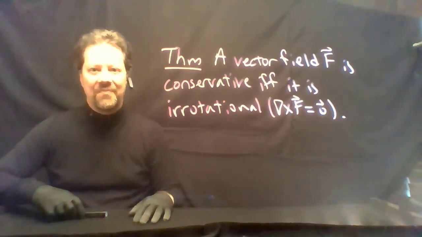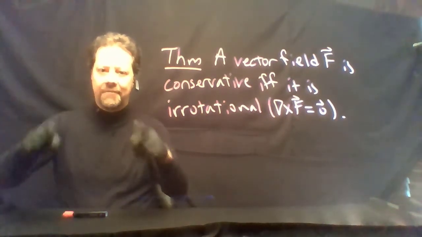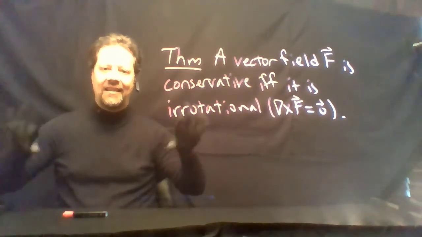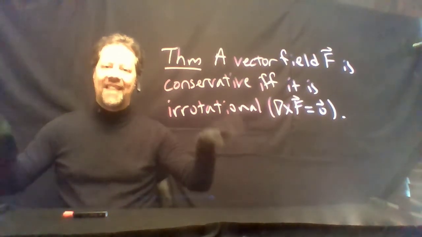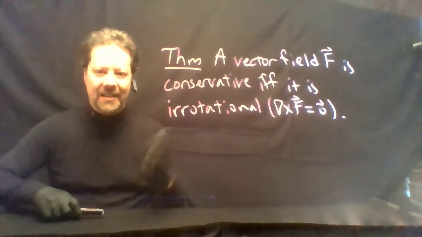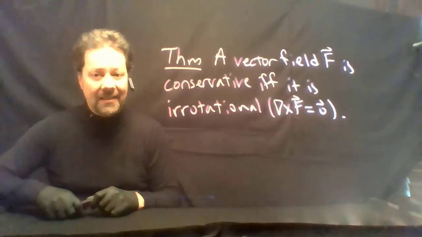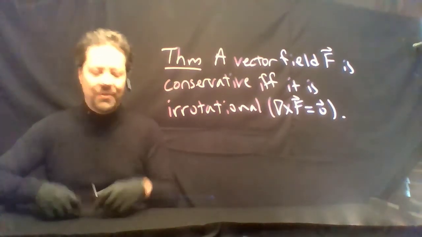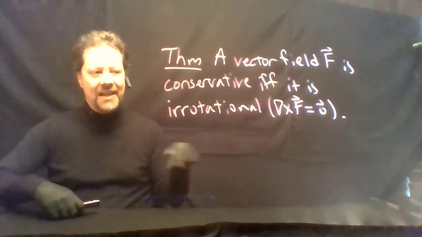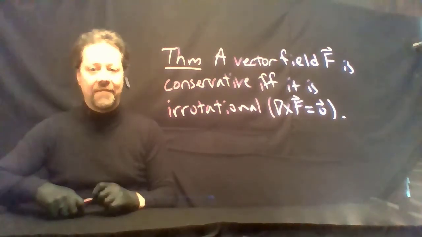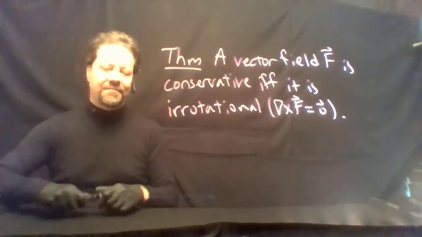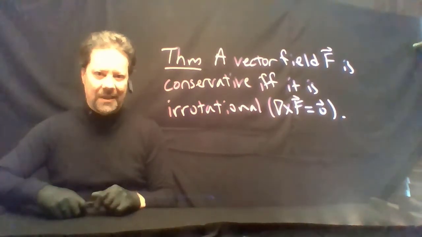For example, if you've ever seen tip vortices off of a wing, little eddies of air cycling at the end of an airplane wing, that cycling of the air is an indication that the vector field of the wind coming across that wing is not conservative. The same is true when you strike an oar through the water and make little eddies in the current. Those little rotational fields imply that the vector field is not conservative. There's something going on there that is not a conservative process.